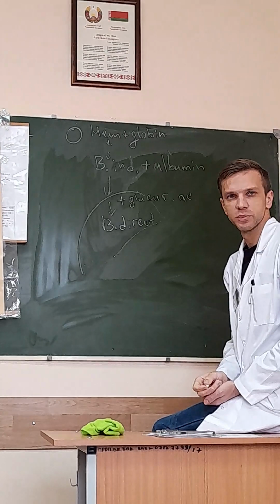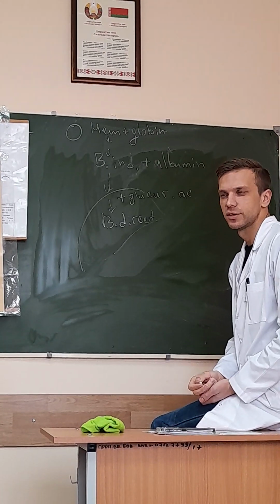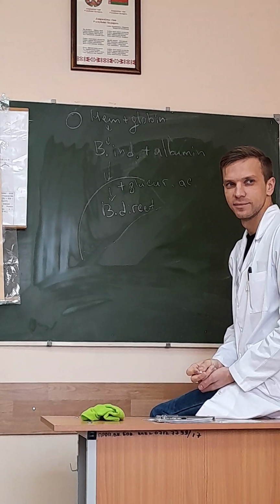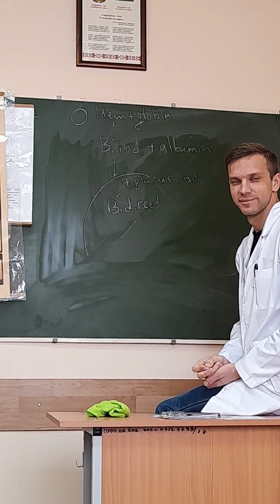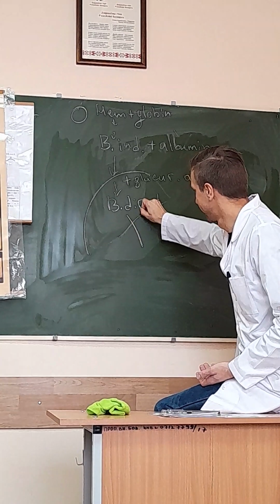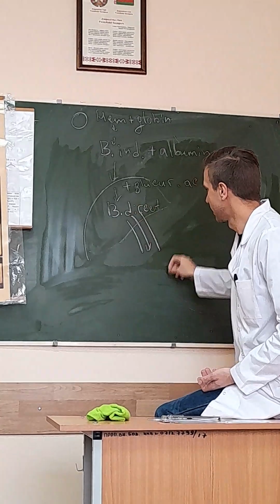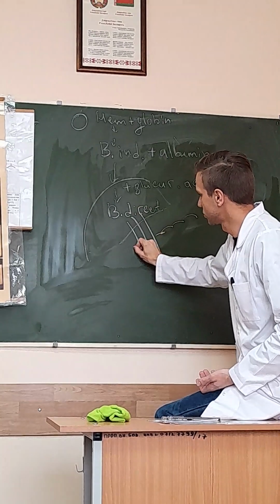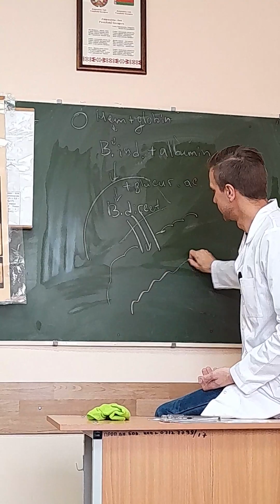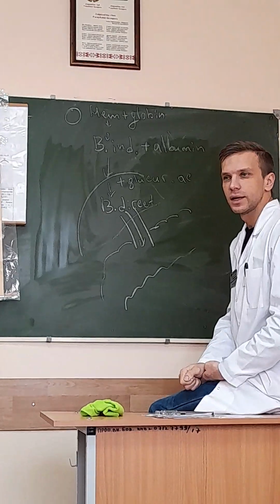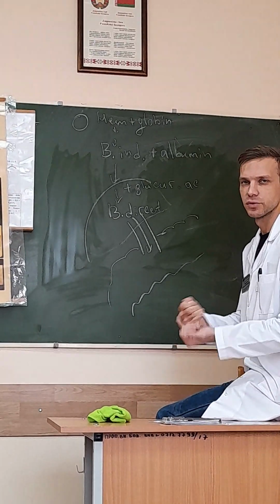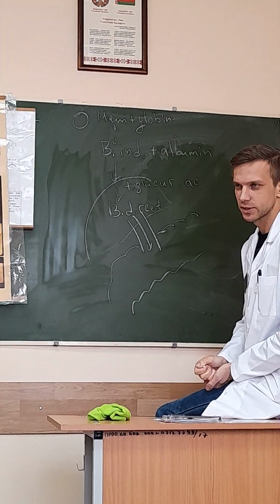How direct bilirubin can be removed from liver? We have bile. By bile. It will go to the bile, and with bile it will go to intestines. In intestines, it will change configuration a little and will be named in another way.